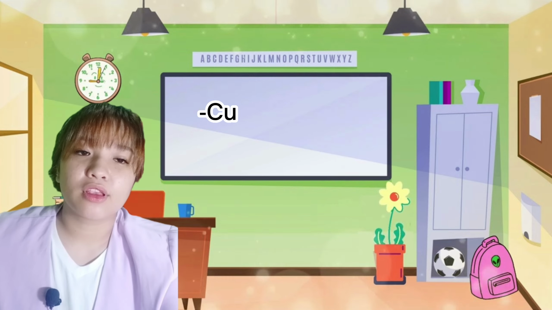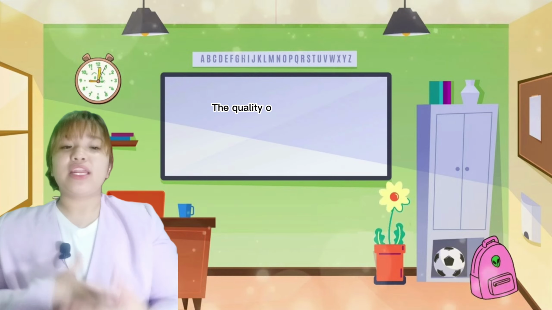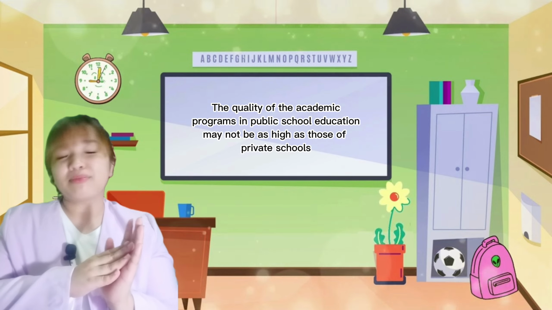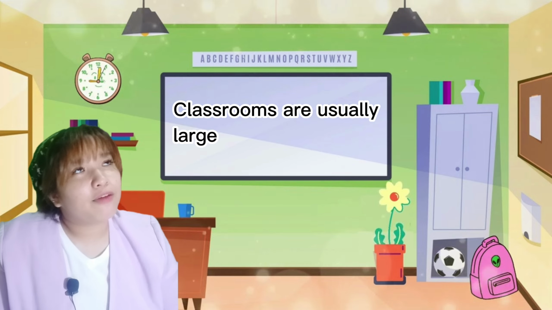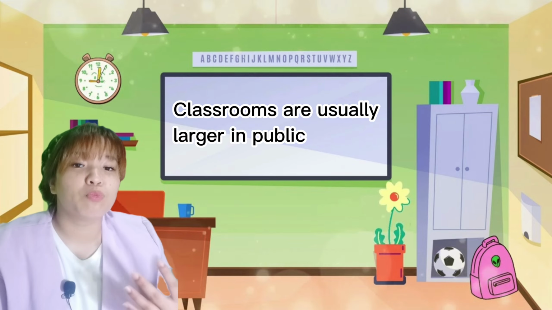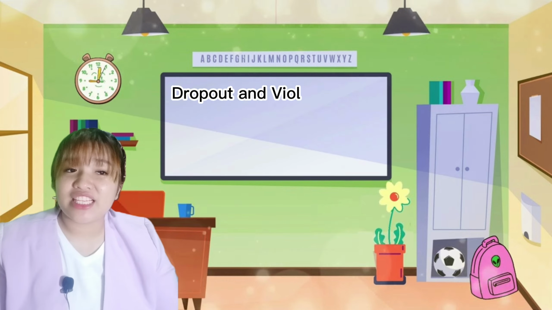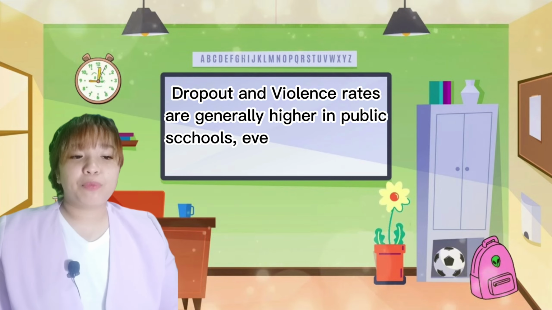So curriculum is forced on people. The quality of the academic program in public school education may not be as high as those of private schools. Classrooms are usually larger in public schools because public school classrooms cater to more students than private schools. Dropout and violence rates are generally higher in public schools, even though public schools differ.